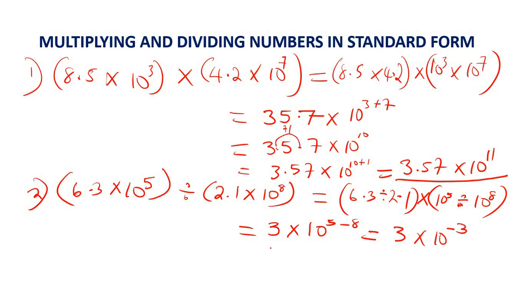And that is our final answer. So division and multiplication are almost the same, except that in this one you are dividing the numbers, and in the other one you are multiplying the numbers, and you just use the same method. So go through it again and again.